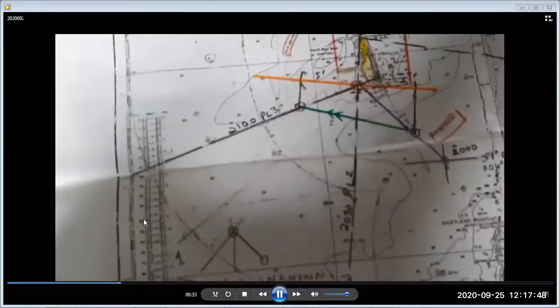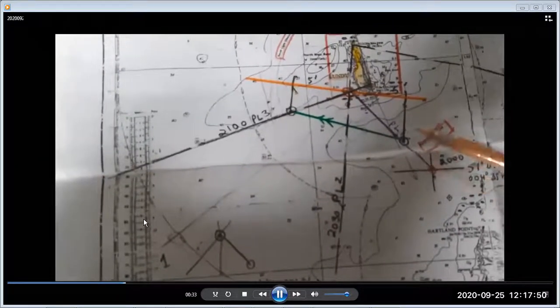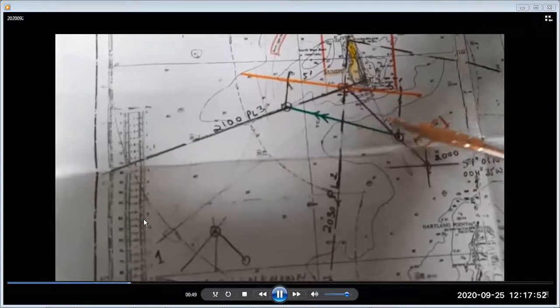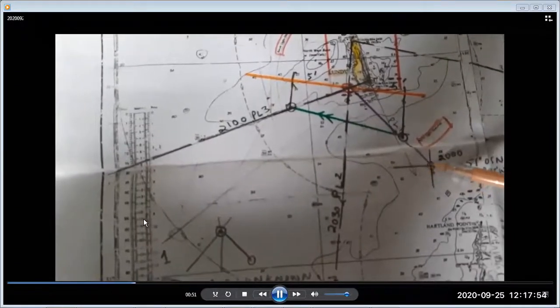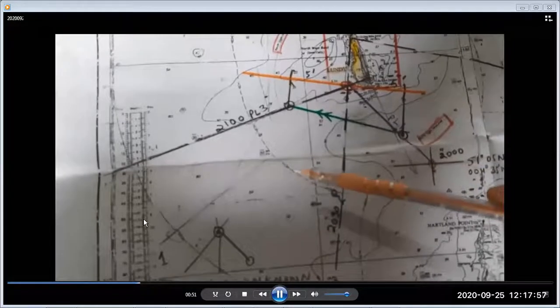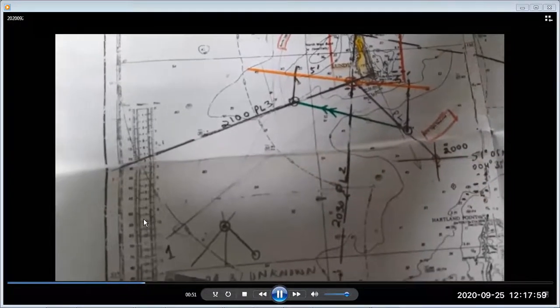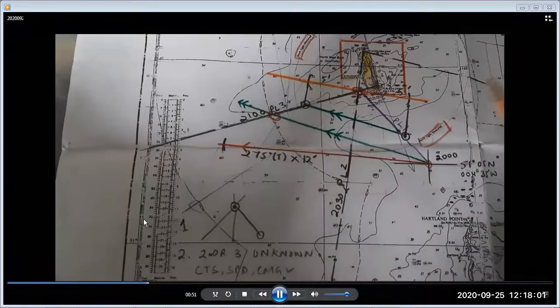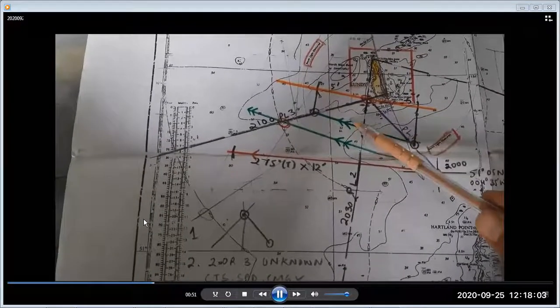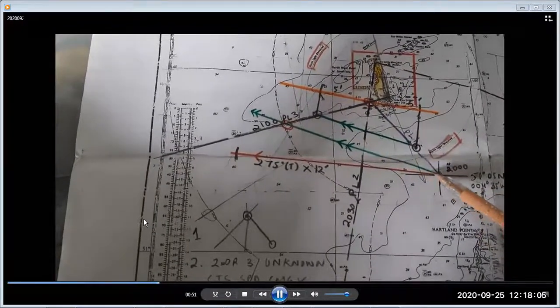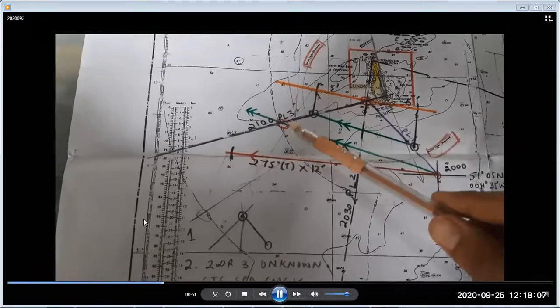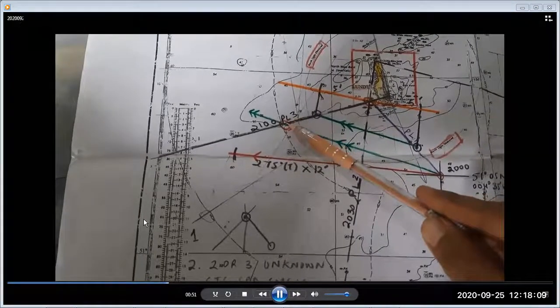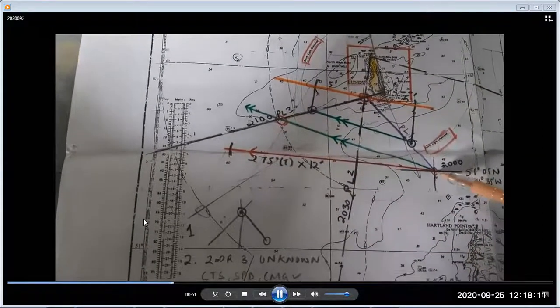So now we have the course made good, and we have the position. We will transfer this course made good to this position and make the course to steer to find the set and rate. So now we have transferred this course made good to this position, and this is our 2100 position and this is our 2000 position.